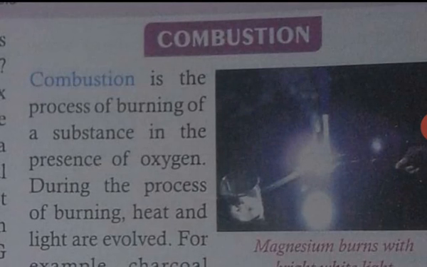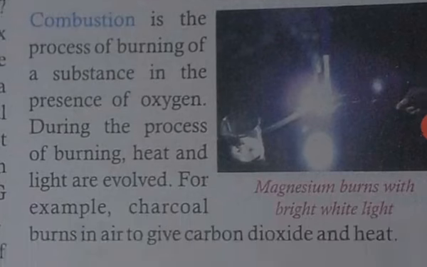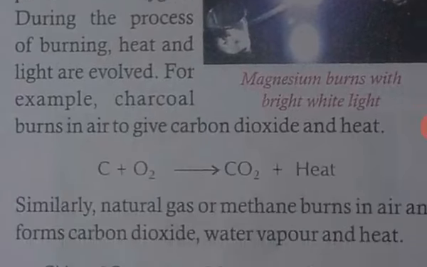So, combustion is the process of burning of a substance in the presence of oxygen. During the process of burning, heat and light are evolved. Example: carbon plus oxygen gives carbon dioxide, plus heat and light.